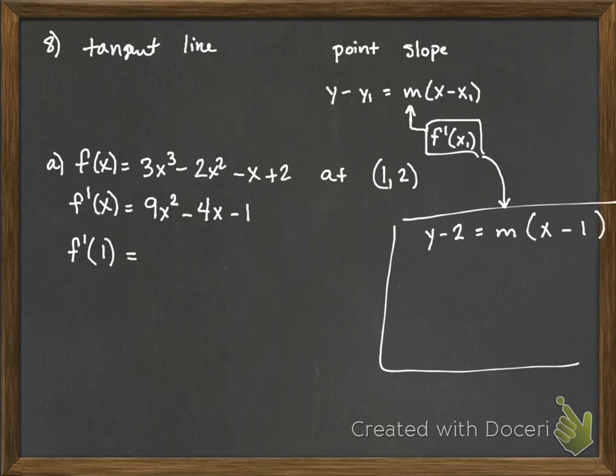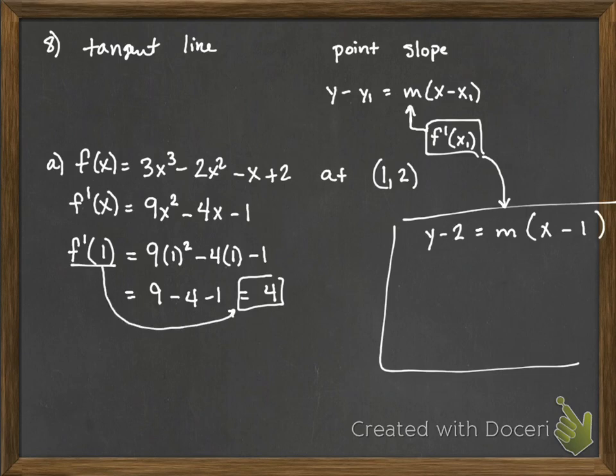So what happens when I plug 1 into my equation? So I have 9 times 1 squared minus 4 times 1 minus 1. So we get 9 minus 4 minus 1. So that's really 9 minus 5, which is 4. So here at f of 1, we have 4. Okay, so that's what we're going to use as our slope. So we're plugging that 4 in for m.